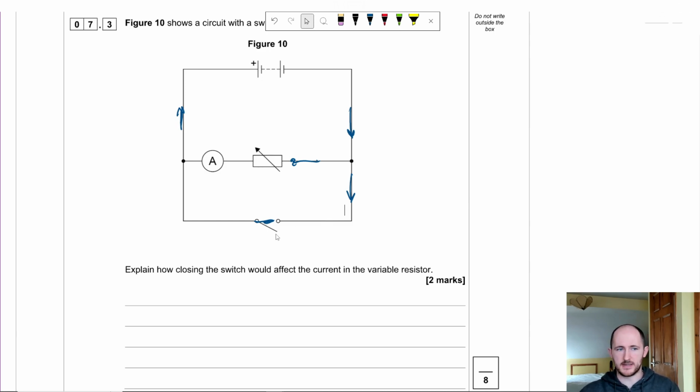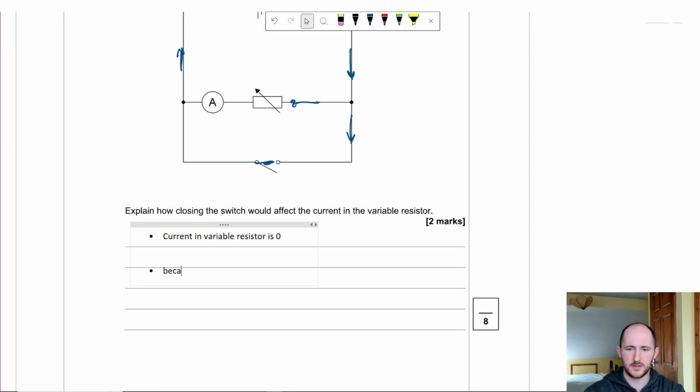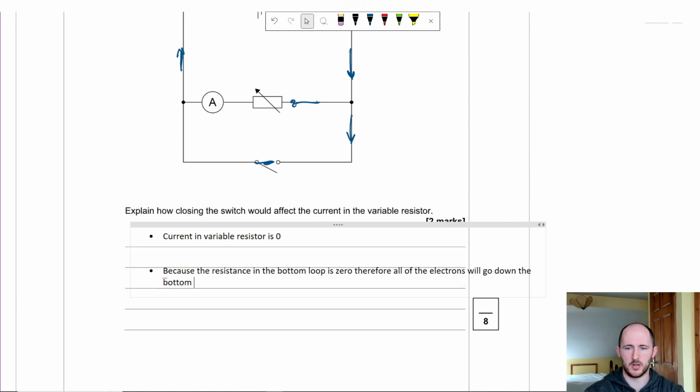So all you have to say is that the current in the variable resistor is 0 because the resistance in the bottom loop is 0. Therefore, all of the electrons will go down the bottom loop instead of the resistor.